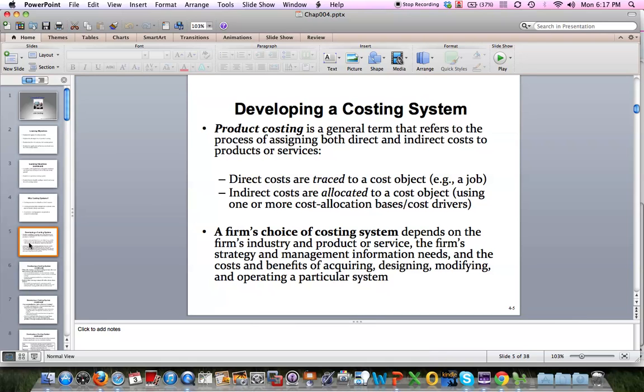Obviously, we can spend millions of dollars to get the best systems available, but we also have to ask, is that really necessary based on our industry, on our firm, our competition, what they're doing, and so on. So you're still looking for a cost-benefit analysis too of how much money we put into developing a system versus what the returns will be on that system.